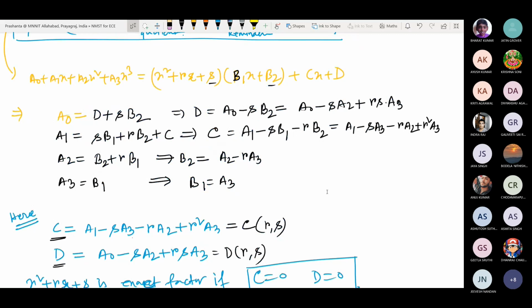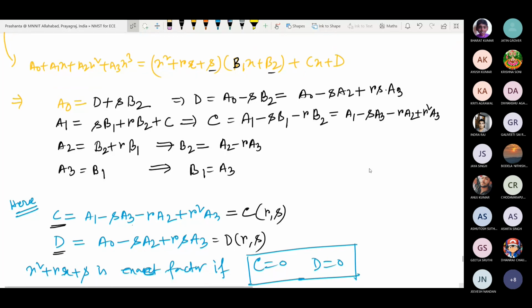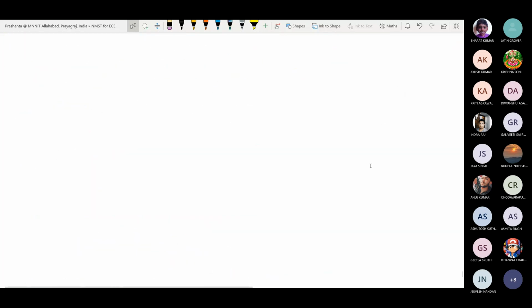This was done for a cubic polynomial, so exactly these values will be there. So you can take the help of this calculation or you can do it freshly.